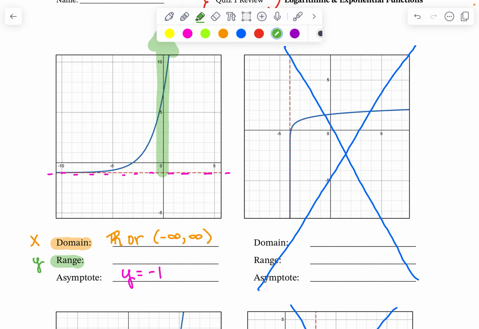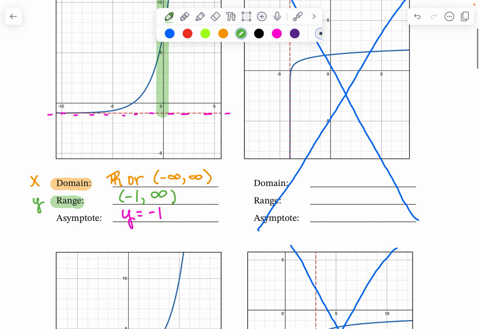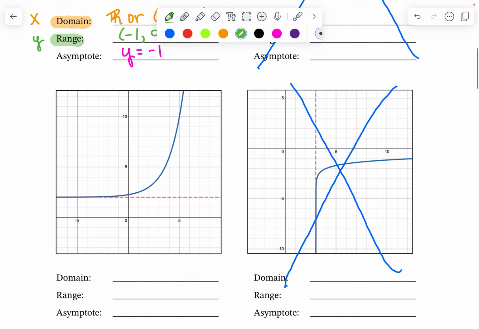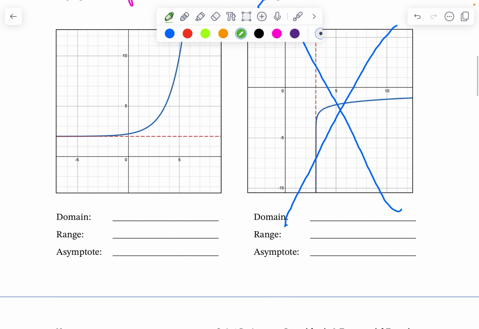And if you start where the asymptote is and then look where the rest of the graph goes, this one is also going up. So it starts at that 2, that asymptote of that 2, and goes to positive infinity. Infinities always have a parenthesis, and since that graph does not touch that 2, this will also have a parenthesis.